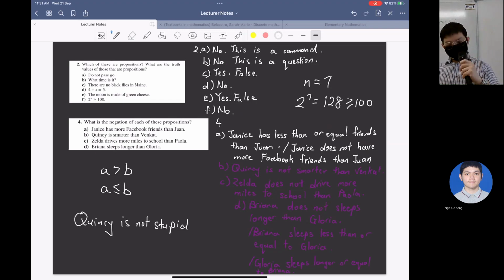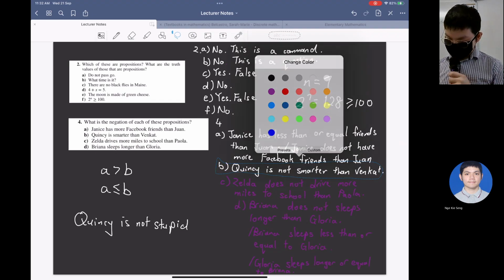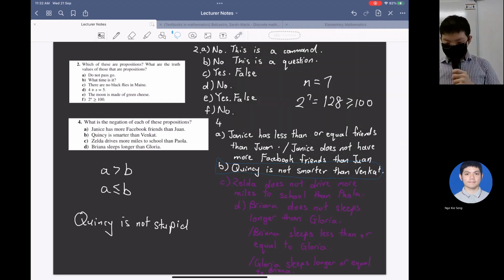It can be more stupid or equally stupid. But I prefer not to say stupid. Just say Quincy is not smarter than Venkat. Okay, next. Zelda drives more miles to school than Paula. Does not drive more miles. Okay, correct. Zelda does not drive more miles to school than Paula.